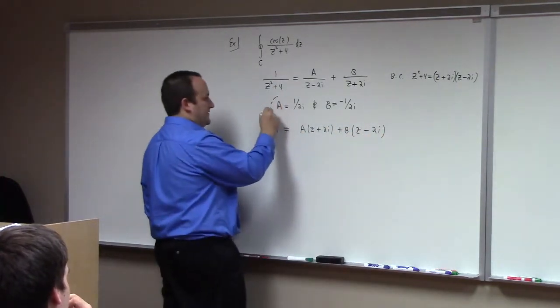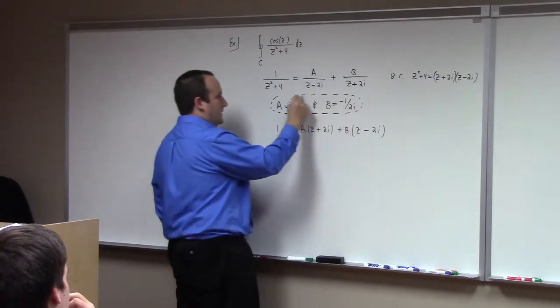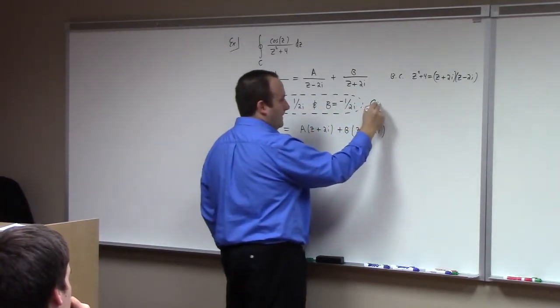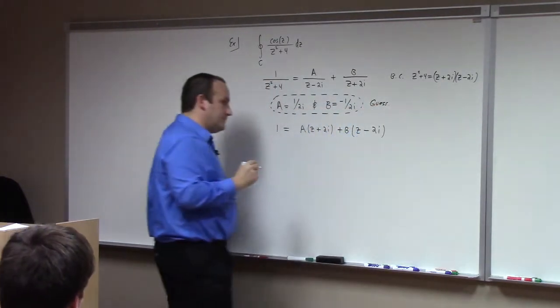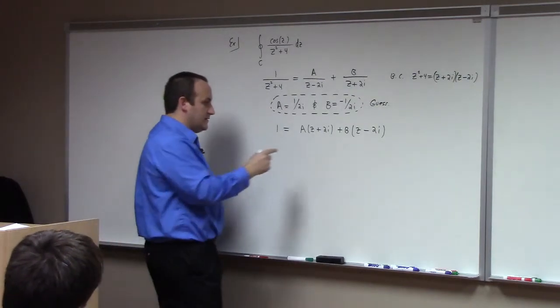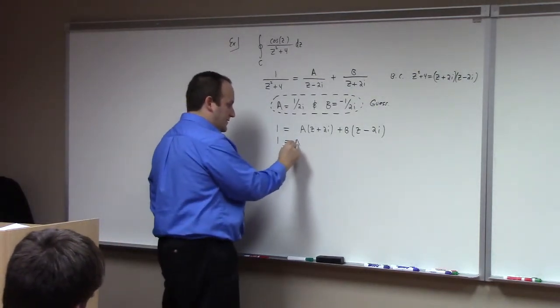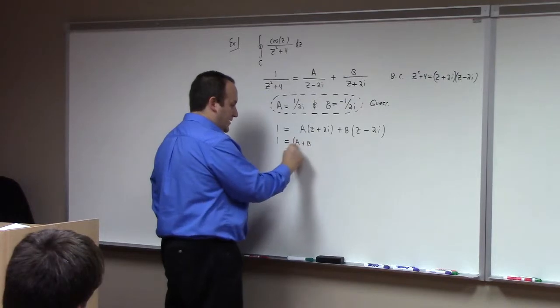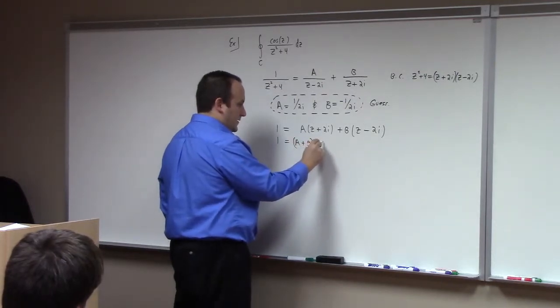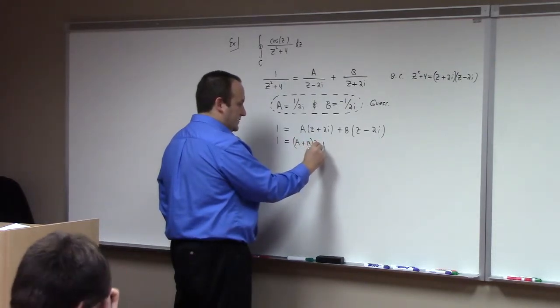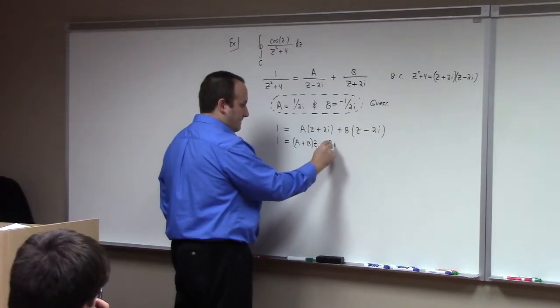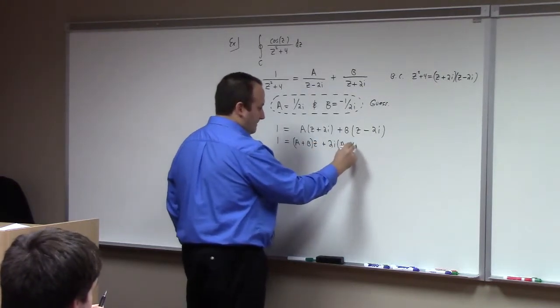So just to emphasize, this right here was a guess. Let's see if my guess is right. So this is 1 is equal to a plus b times z plus 2i times a minus b.